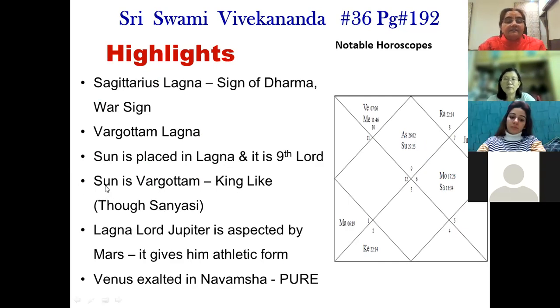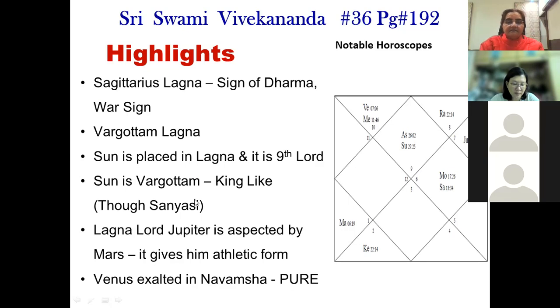Now, Sun is Vargottam. We just saw two are Vargottam: Lagna is Vargottam and Sun is Vargottam. Sun is like a king. If you study Sun's significators, Sun is like a king, Moon is the queen, Mars is the commander, army chief, like that.